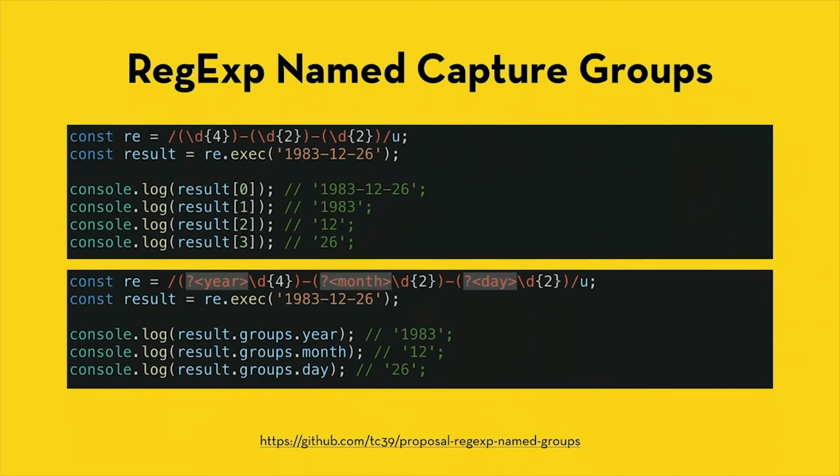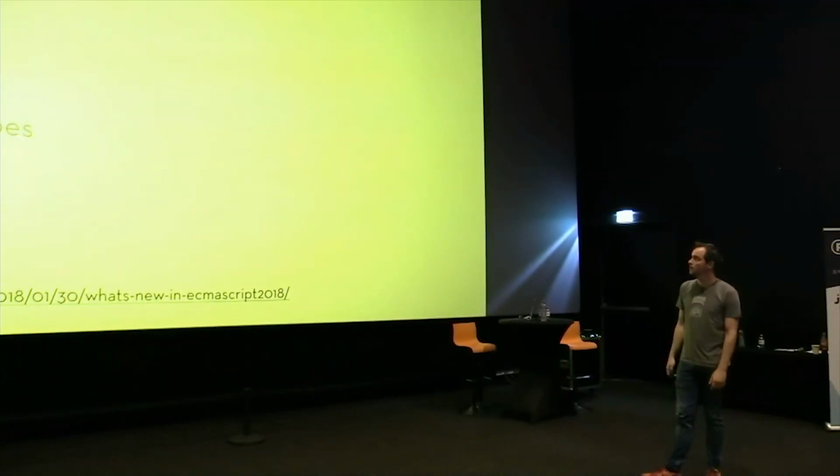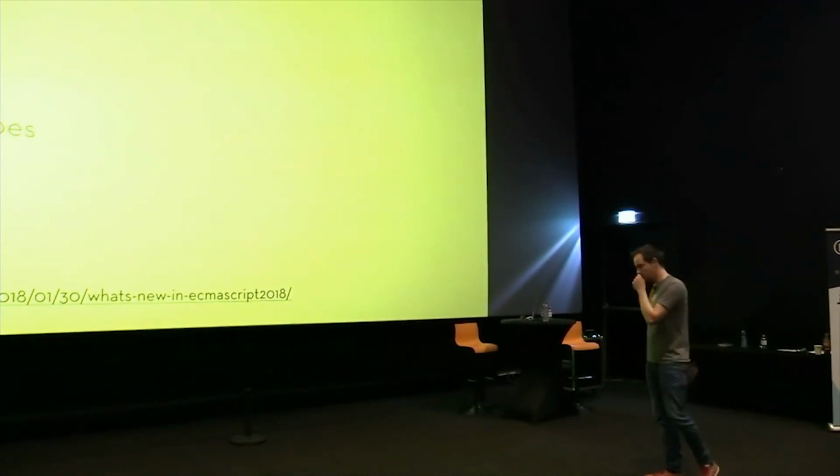Here you say, okay, this first part, store it in year, and then the second one in month and day. Then you can ask the groups of your result, and then .year, .month, .day. This is handy and makes your code more readable, right? Who wants to work with all these indices? Confusing sometimes. So these are ES 2018 features.